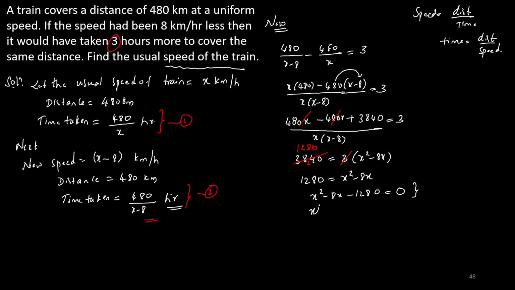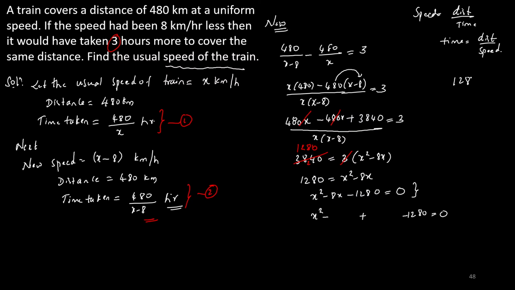Here, as I told you, x square minus 8x minus 1280 is equal to 0. Minus into minus is plus. So I need to obtain minus 8 by subtracting two numbers.